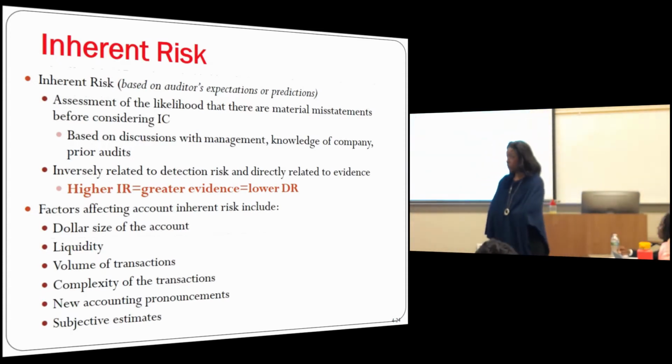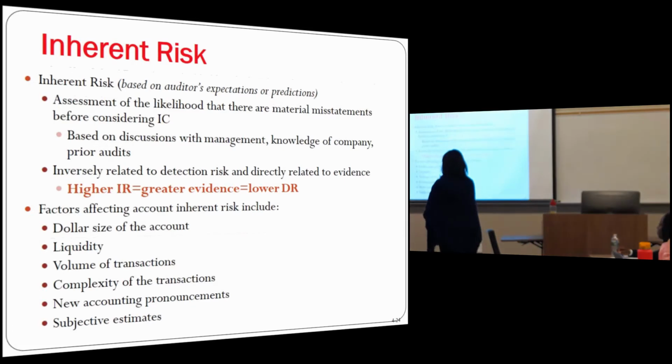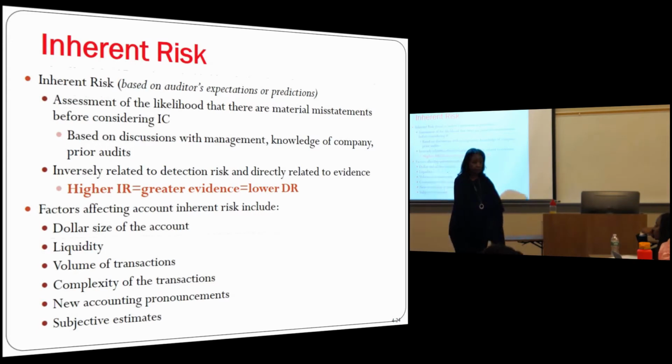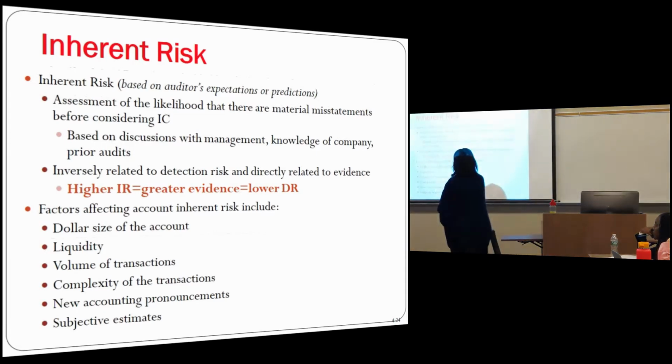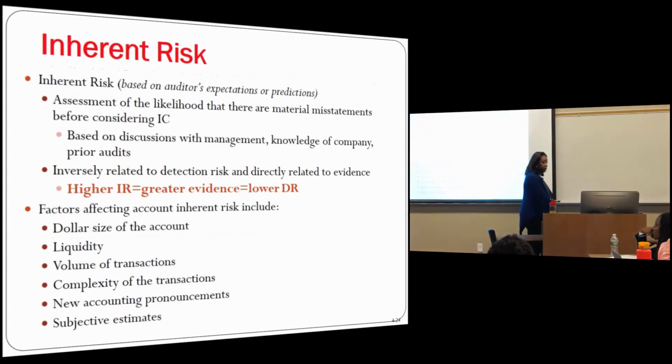Are they complex transactions? Are there a lot of subjective estimates? Those are the types of things the auditor has no control over, but they're required to assess. That's inherent risk, because those things could increase the risk of a material misstatement.